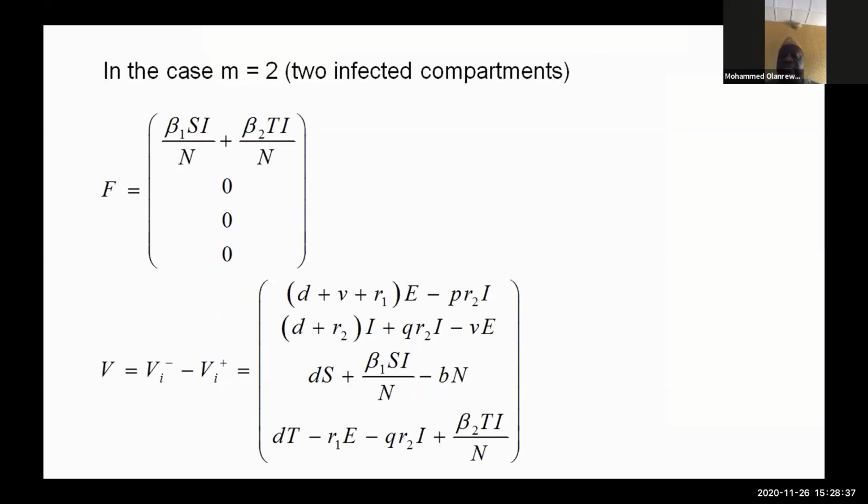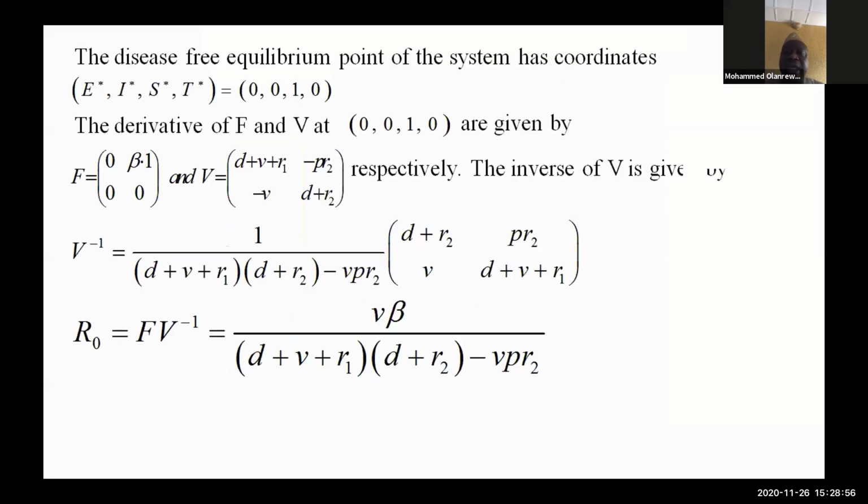In the case where we have m equal to 2, that is, we have 2 infected compartments, we then use what we call the V that I defined 2 days ago. Find V as well there, and if that is done correctly, we are going to get this.